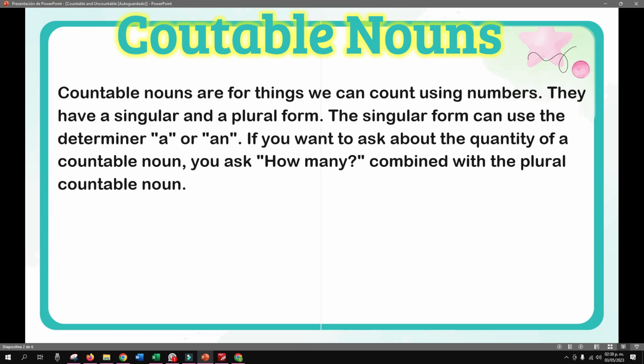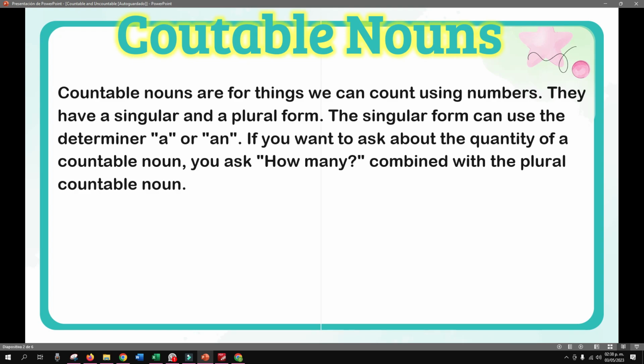If you want to ask about the quantity of a countable noun, you can use how many combined with the plural countable noun. So, which are the countable nouns, guys? The nouns that you can count using numbers.